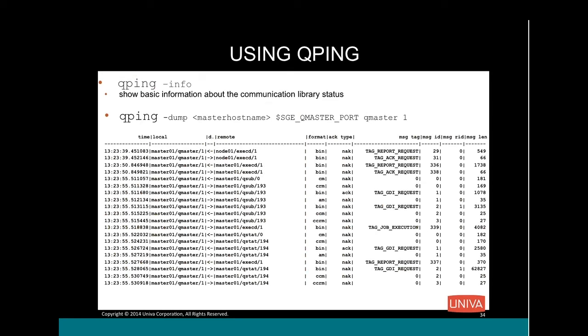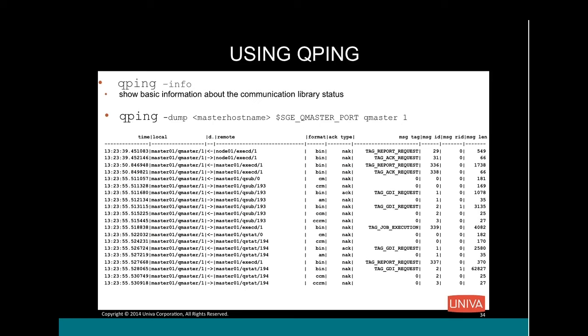You can see it from here: what time, the local connection, the remote connection, the format it is, whether it's binary, if it's an ACK, a NAK. So you're getting some high-level detail of what's going on at the lower-level communications protocol level.